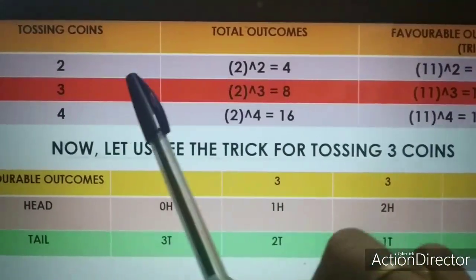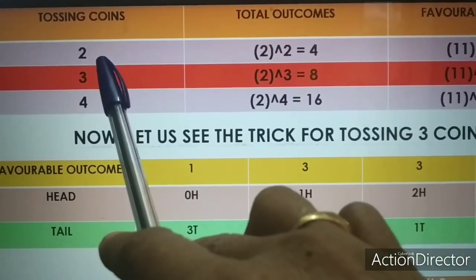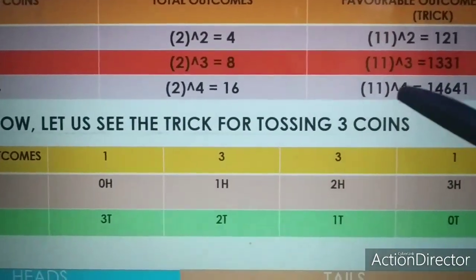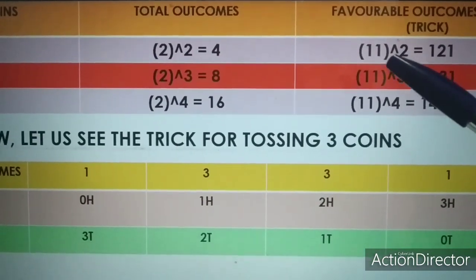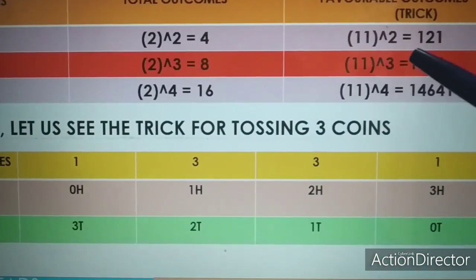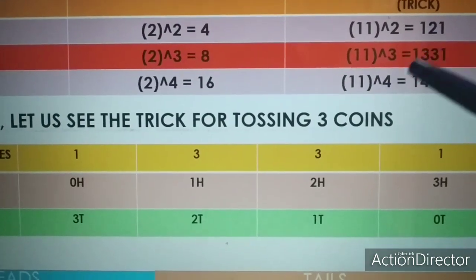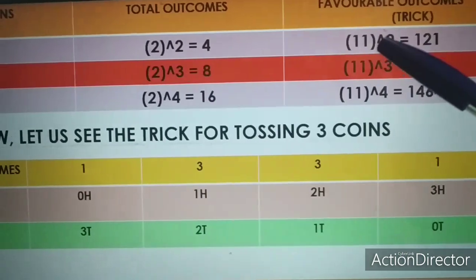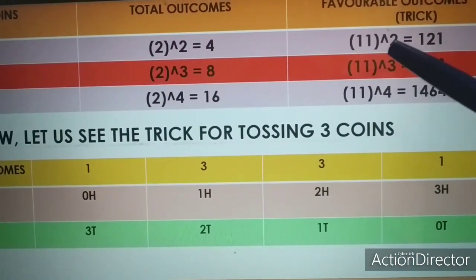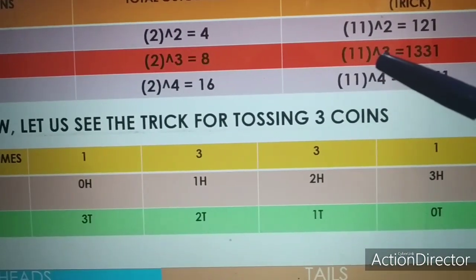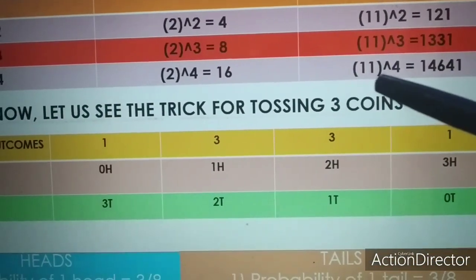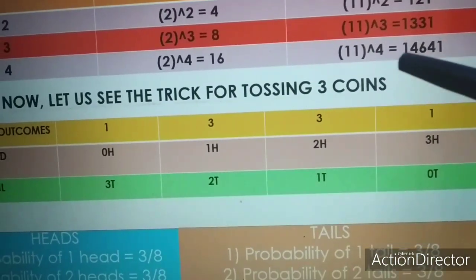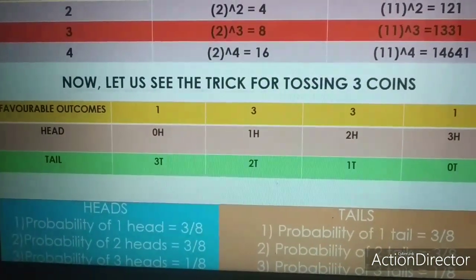When you toss the coin 2 times, the number of outcomes is 4, and here I am going to use the number 11 square, which is equal to 121. So this I will explain afterwards. First you understand that you always have to write 11 square when you toss the coin 2 times. If it is tossed 3 times, you will write 11 cube. If it is tossed 4 times, you will write 11 power 4. And 11 power 4 is 14641.